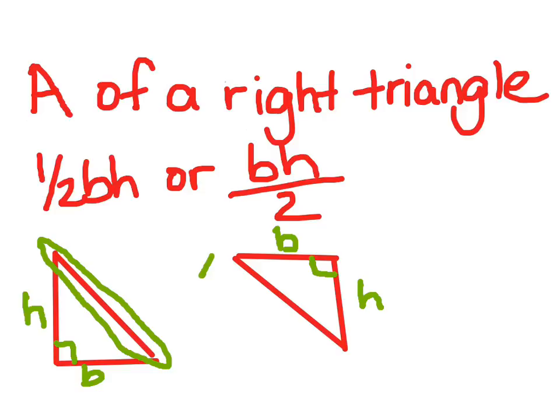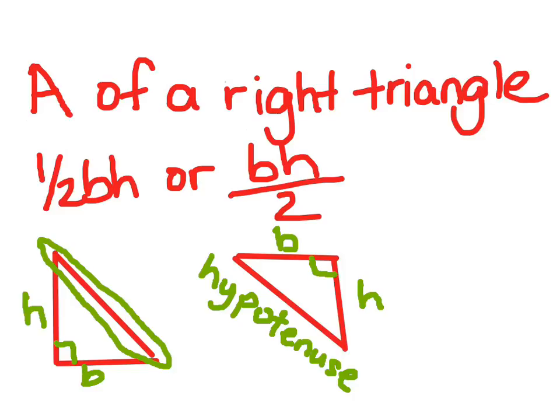I'm going to spell it out for you. All right, hypotenuse. And the hypotenuse is the longest side, like I said, of a right triangle. It's opposite of the right angle.